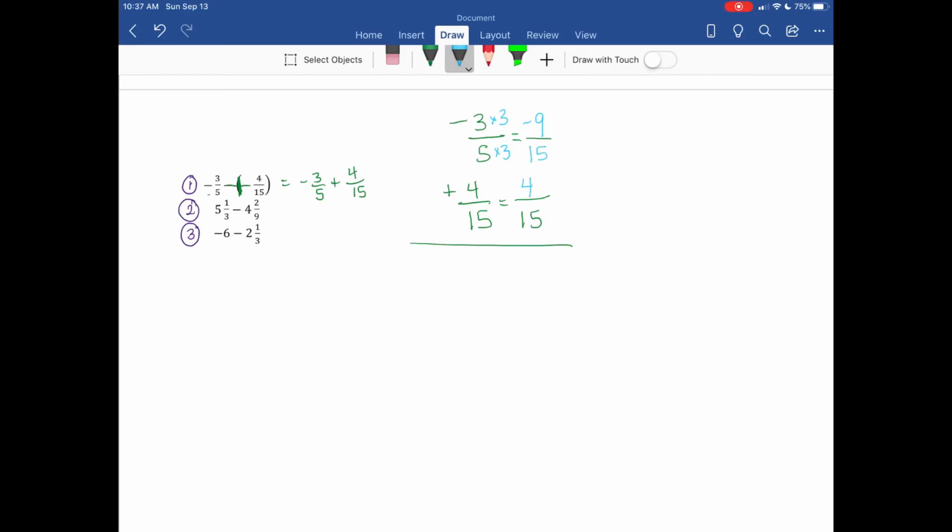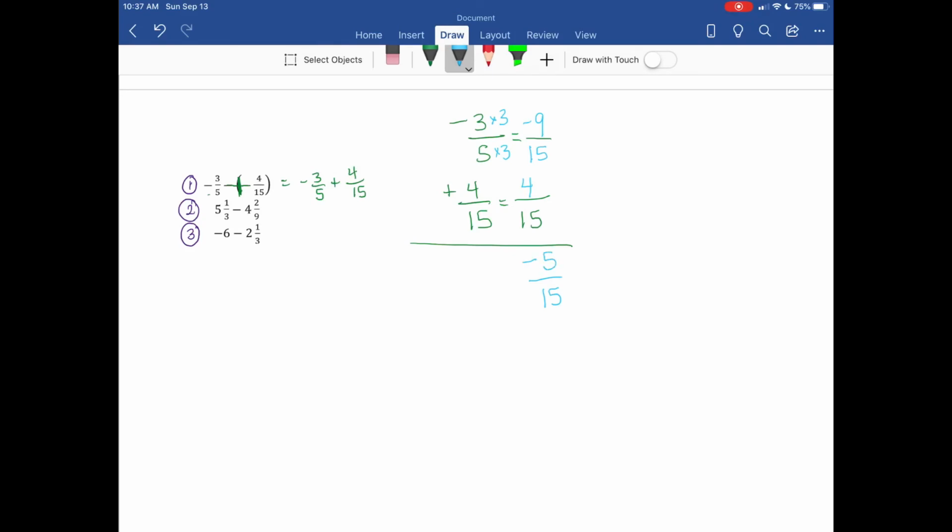So now I have -9/15 plus 4/15. Remember that denominator doesn't change, so that's going to be 15. -9 plus 4, the signs are opposite, so I take the difference of those two and I keep the sign of the larger number.